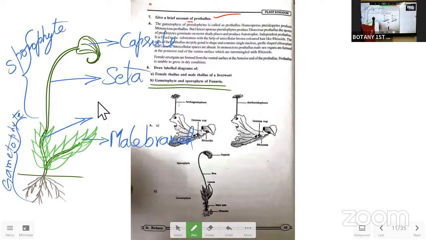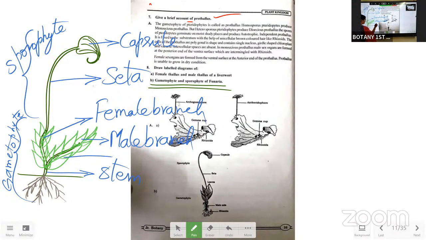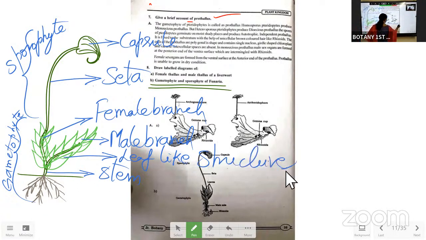This is the female branch. This is the stem. Here, write leaf-like structures. These are root-like structures called rhizoids.